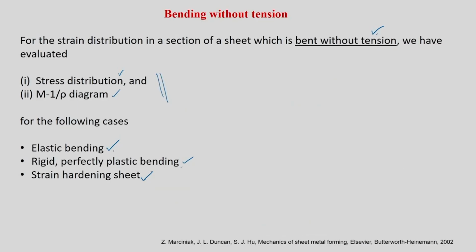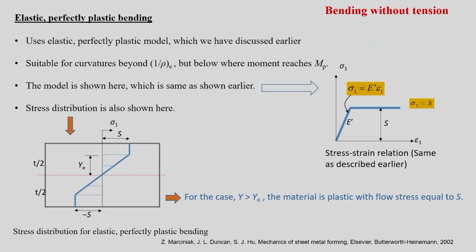Now there is another case, EPP, called elastic perfectly plastic bending. This model we have already discussed. It uses the elastic perfectly plastic model, which is shown in this figure.